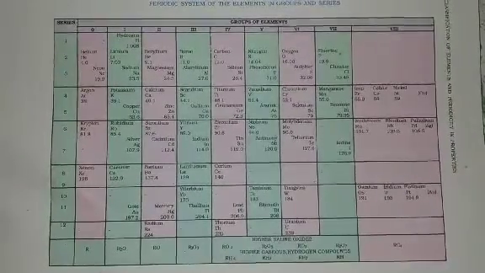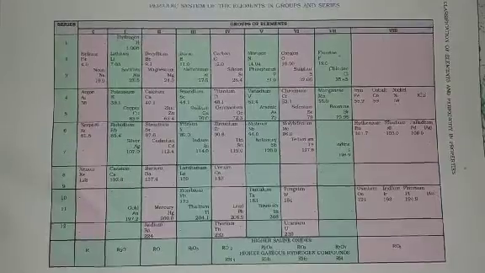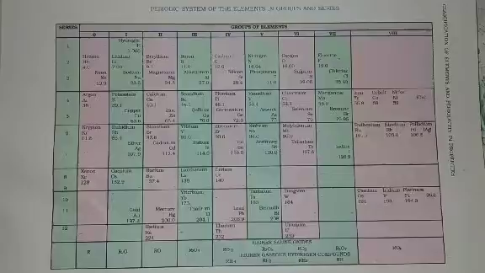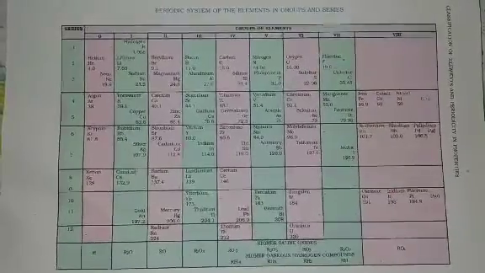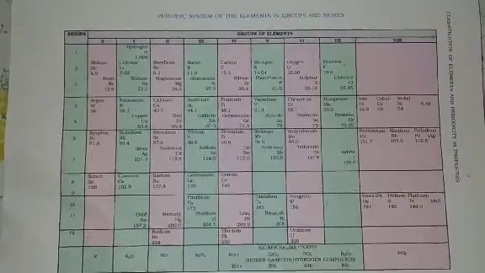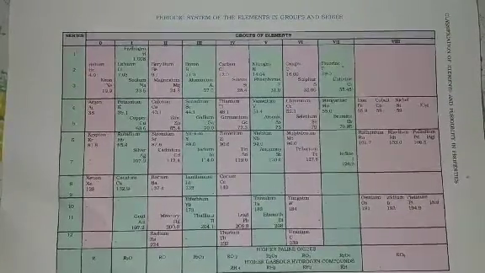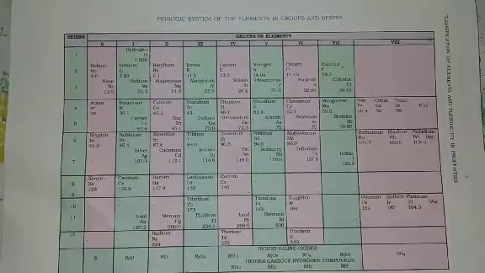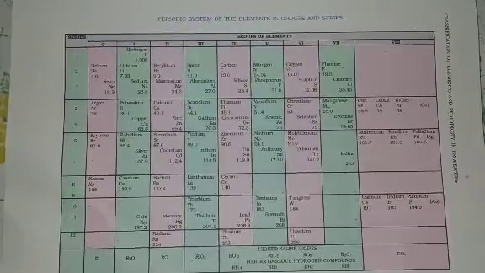His law was only somewhat recognized after Mendeleev's law was published. When Mendeleev gave his periodic table, Meyer's work became overshadowed. So we can say that Mendeleev was a step ahead of Meyer in classifying the elements.